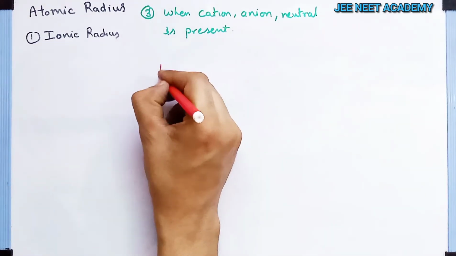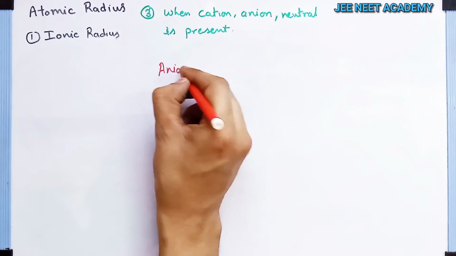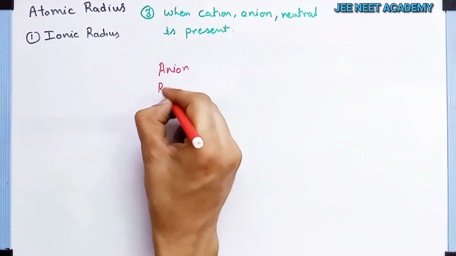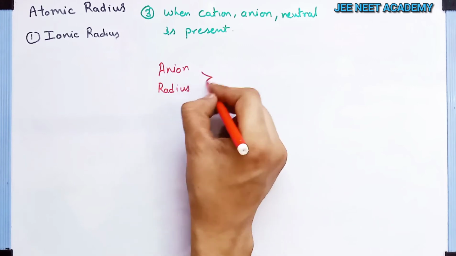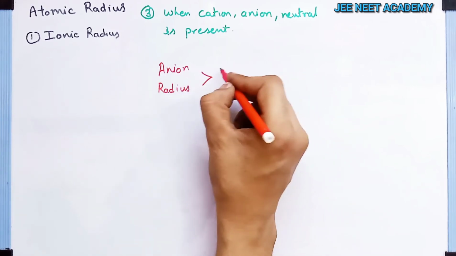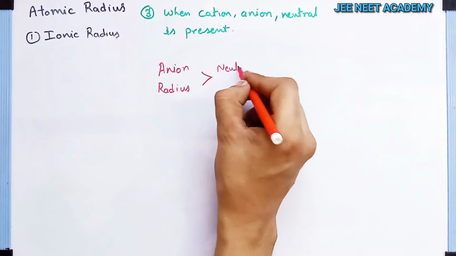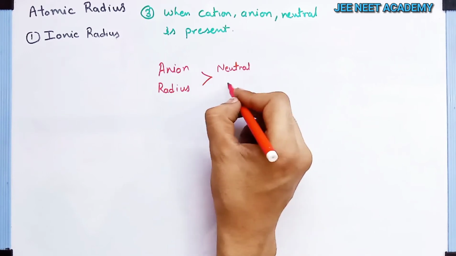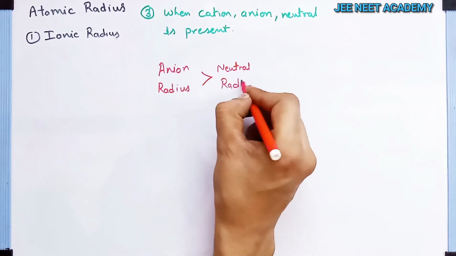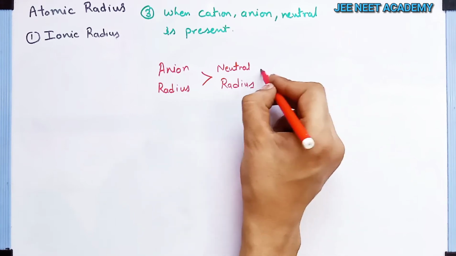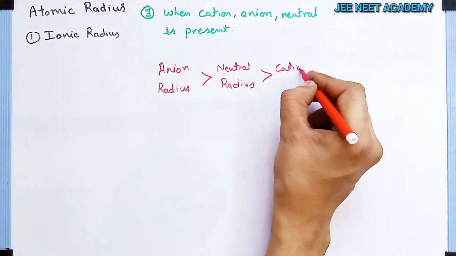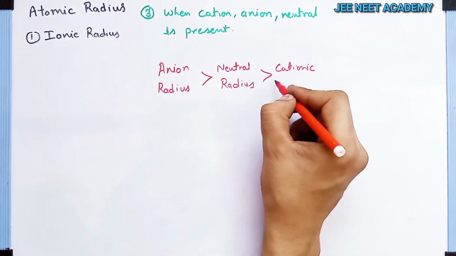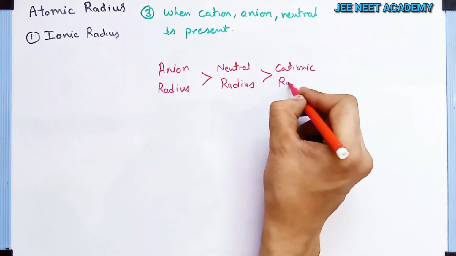Anion radius will be the highest or the biggest in size, then neutral radius, then last cation radius, cationic radius.